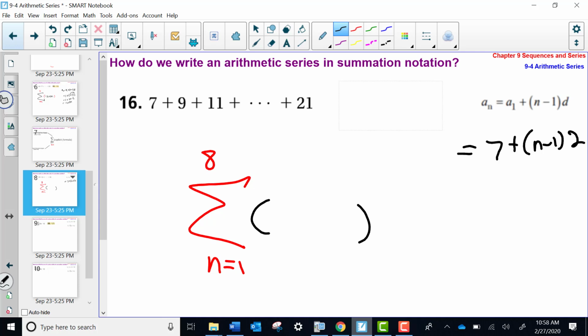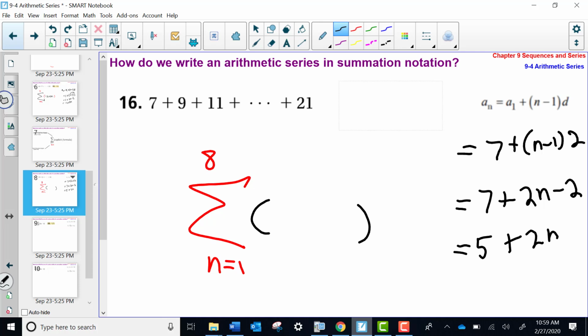How can we simplify this explicit formula? Angelina? 7 what? That wouldn't be it. Antonino? I got 2n plus 5. That's it. So this would be 2n minus 2. And then after you combine like terms, it is 5 plus 2n.